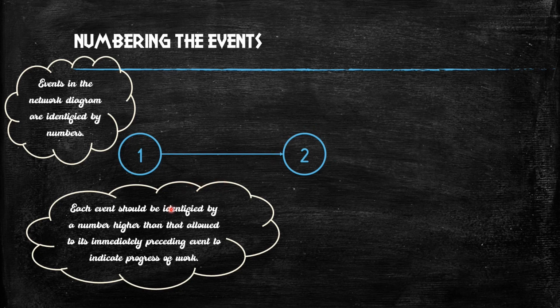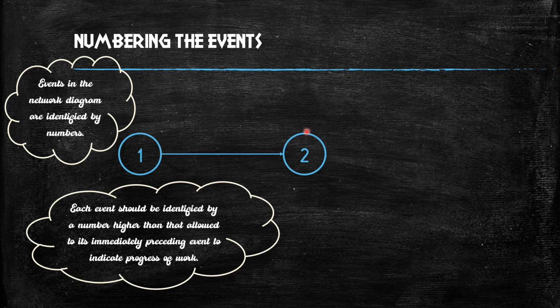At any point, the event at the beginning is known as the preceding event. So this preceding event is identified by a number, and the other event should be identified by a number higher than the preceding event.